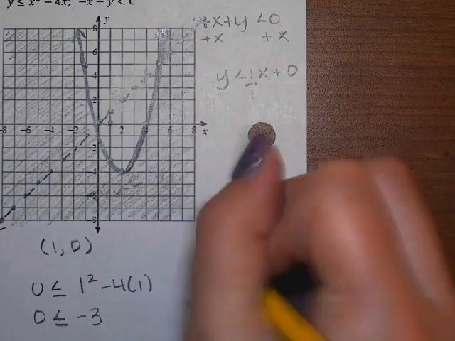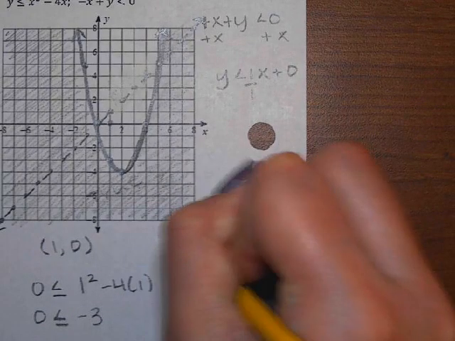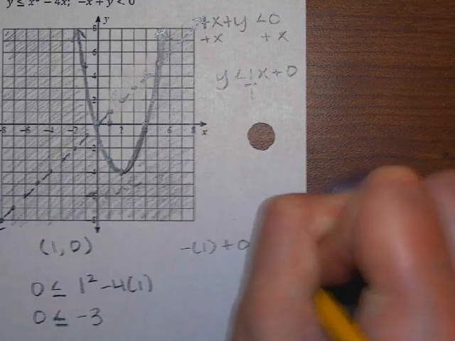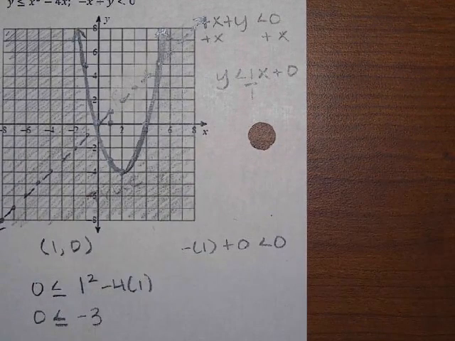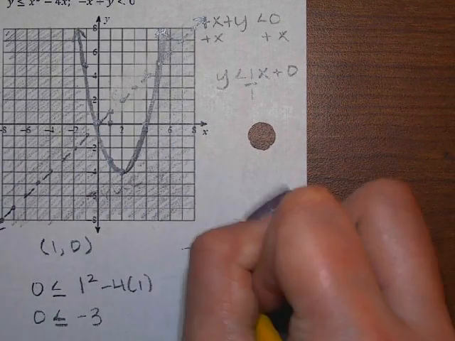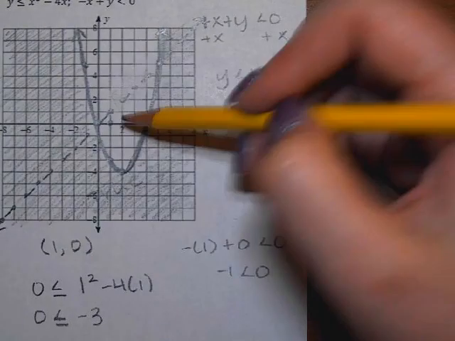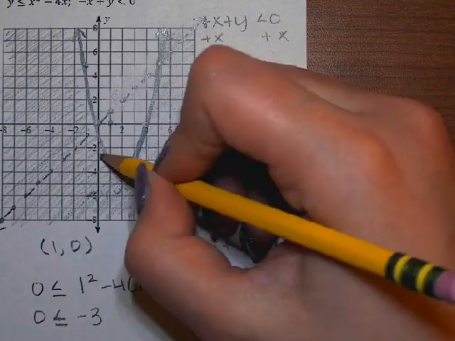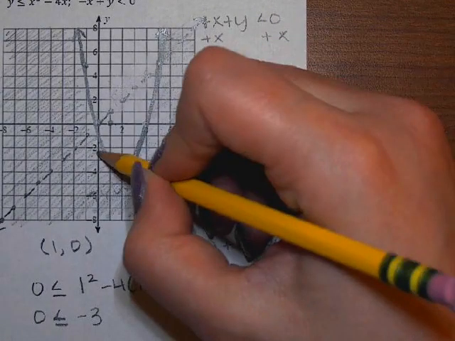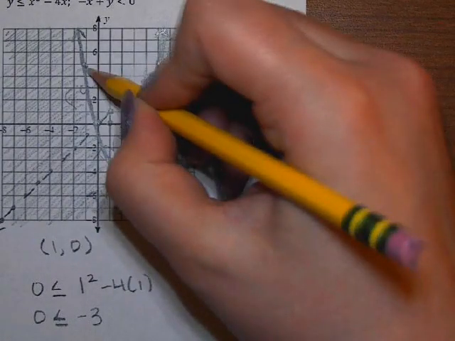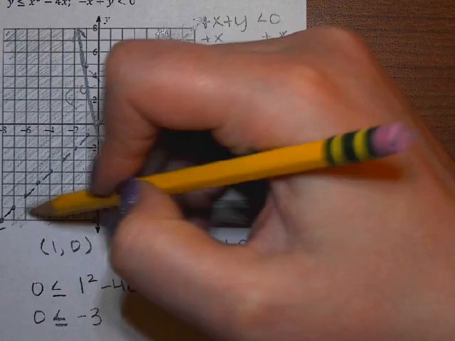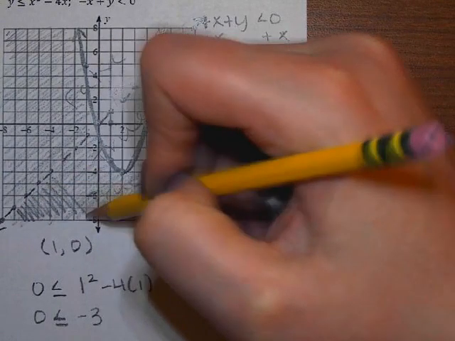So if I've got negative 1 plus 0 is less than 0. Negative 1 is less than 0. That's true. So underneath the line is true. Above the line is false. So that means we're going to shade below the line.